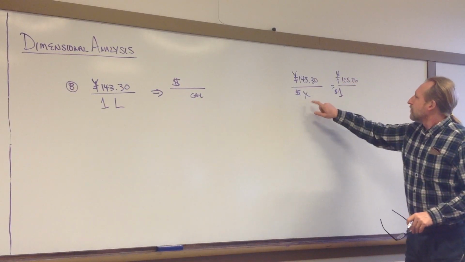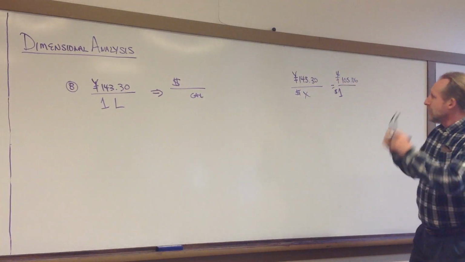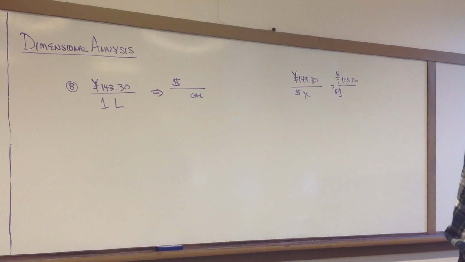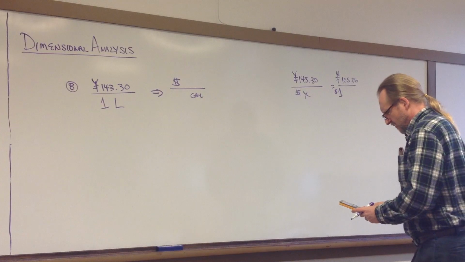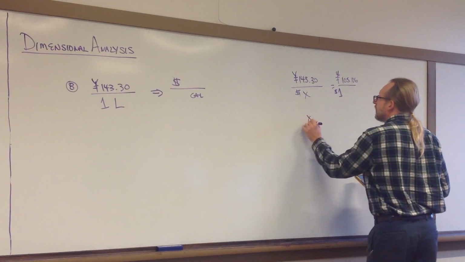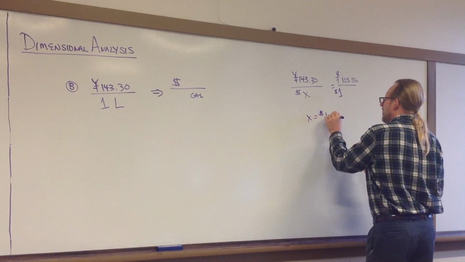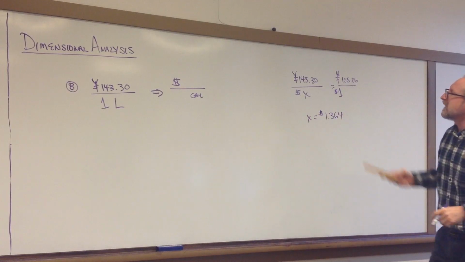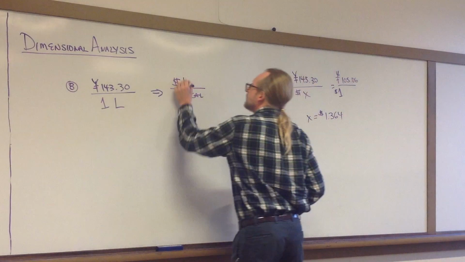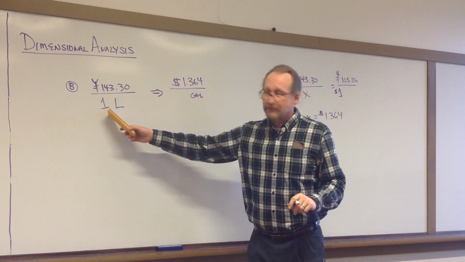So in any event, multiply these two, divide by this one, and so it's going to be 143.30 divided by 105.06, and so X is going to be $1.36. I'm going to round it to an extra decimal place there. $1.364.